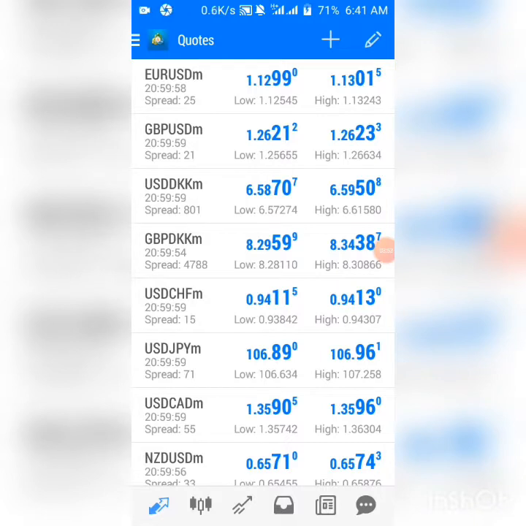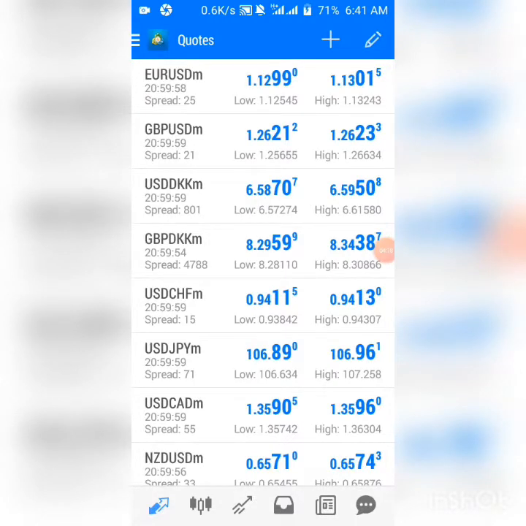So the bid price is the price when you want to buy Euro USD. You are going to buy in line with the broker at a lower price. You're not going to be allowed to buy at the higher price. The higher price is your asking price, which for Euro USD, as we are looking on the screen, is 1.13015.